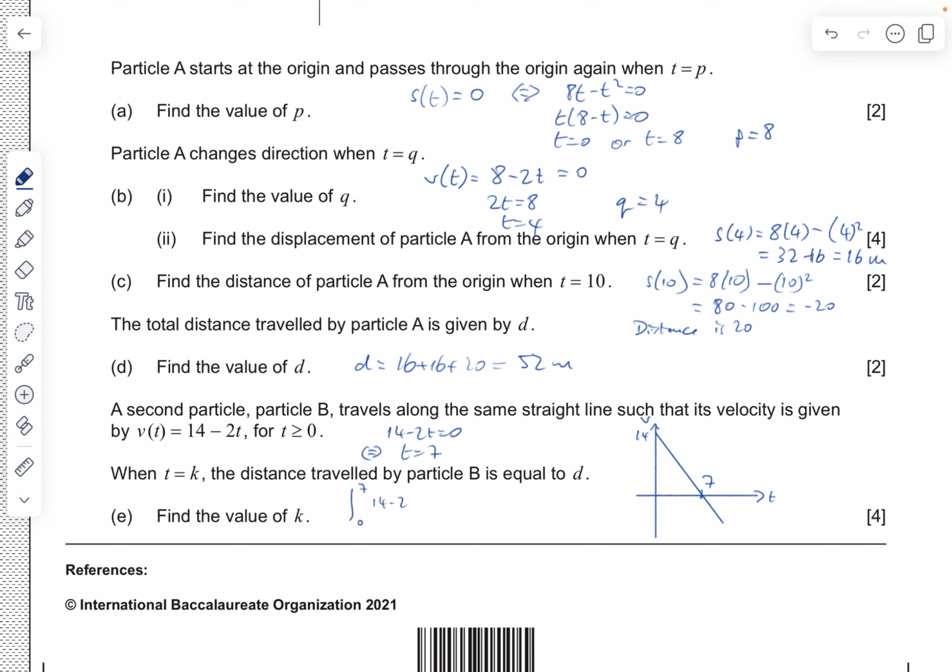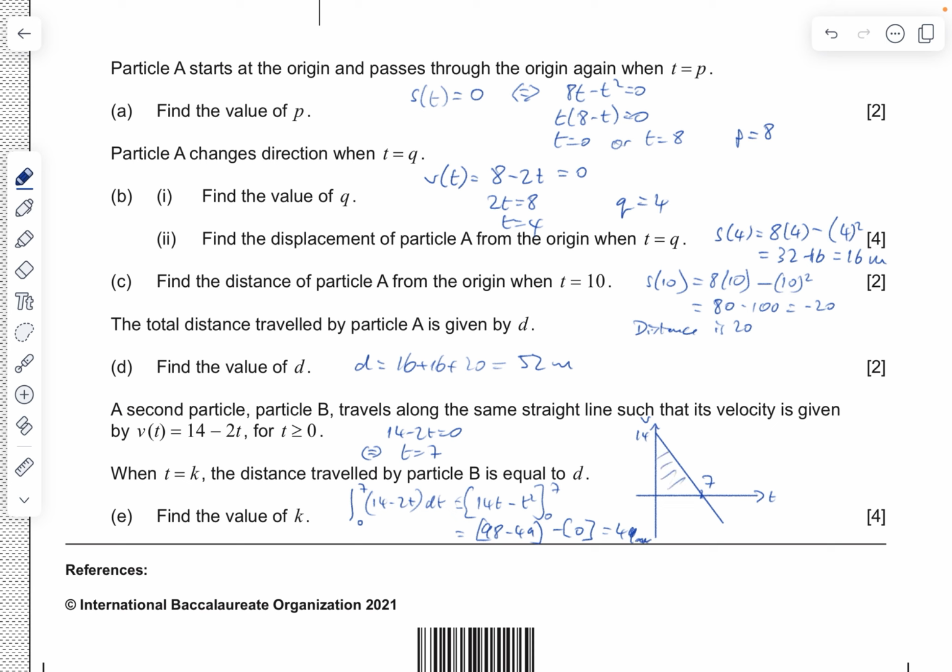Of 14 subtract 2t dt, in brackets, which should give me 14t subtract t squared between 0 and 7, which is 14 times 7 is 98, subtract 49, subtract 0 when we put 0 in, gives us 49 meters.